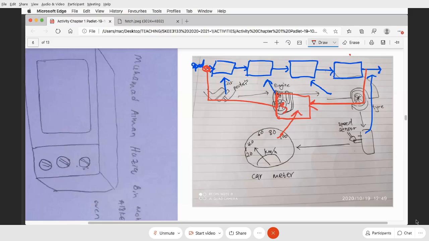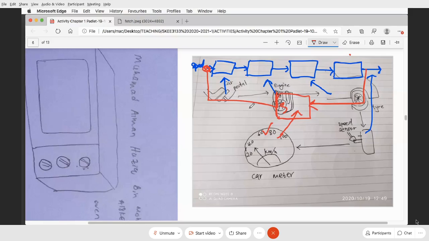But if you just punch the pedal here without any desired set point, meaning any speed, this becomes open loop. But if you have the desired speed and you try to maintain the speed by viewing this, it becomes closed loop.